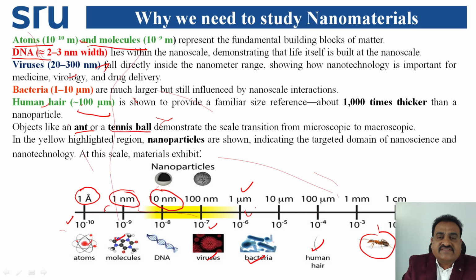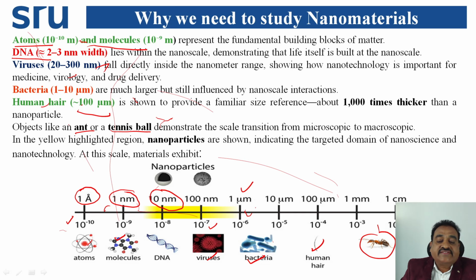So in this slide, what we are discussing is why we need to study nanomaterials. That is very important, the size comparison. To understand nanomaterials, we must first understand the scale. Atoms and molecules exist at the nanometer level.